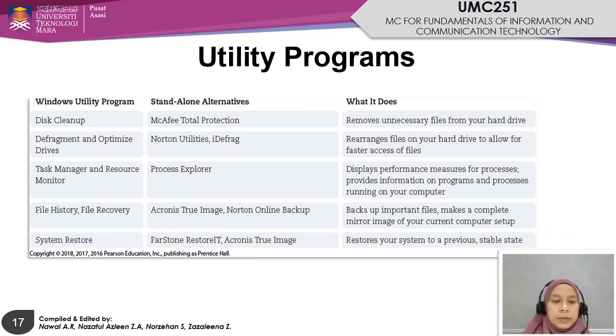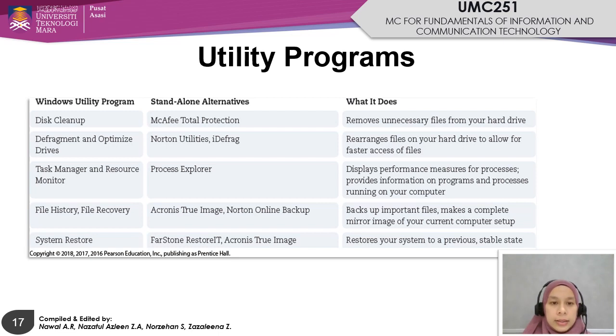These are example features in the utility programs installed in your computer. For Windows utility programs, you may have disk cleanup, defragment and optimize drives, task manager and resource monitor, file history and file recovery, and system restore.